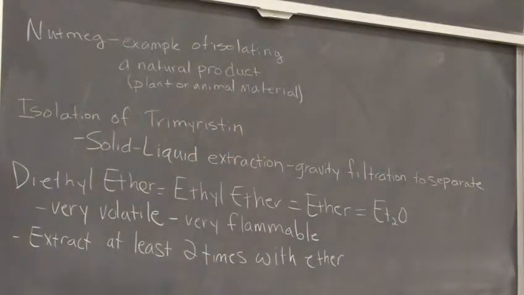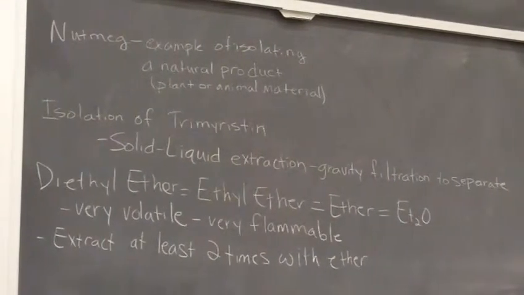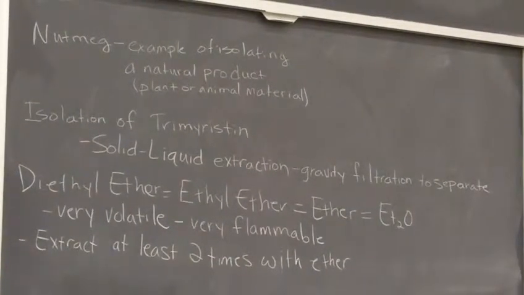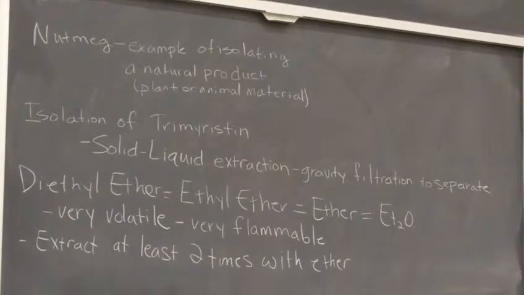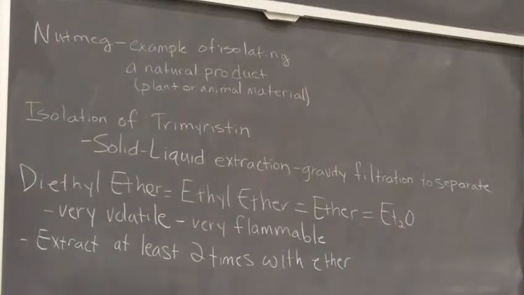After that second extraction, you want to look at the nutmeg that you have after you've filtered. Nutmeg is kind of a reddish orange color. The trimyristin is an off-white color. So look at what you filtered off. Look at that solid. If you see a lot of off-white in that solid, then you haven't gotten all your trimyristin out of your nutmeg.